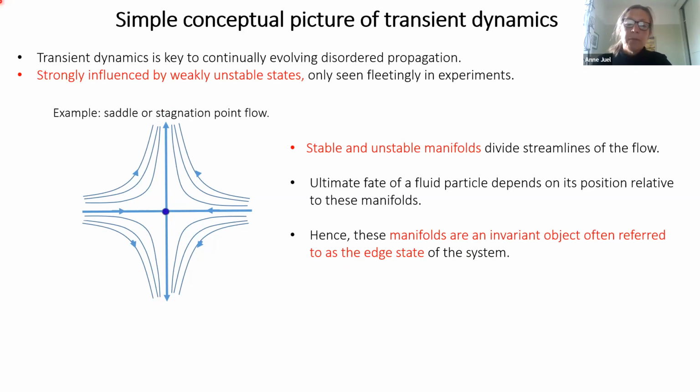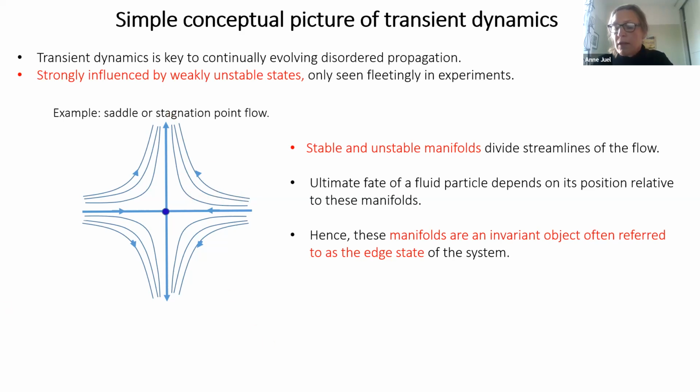And so here in this simple example, stable and unstable manifolds are the dividing streamlines of the flow, and the ultimate fate of any fluid particle is going to depend on where you start. So if you start in this quadrant here, then you're going to be attracted this way and then pushed out that way.